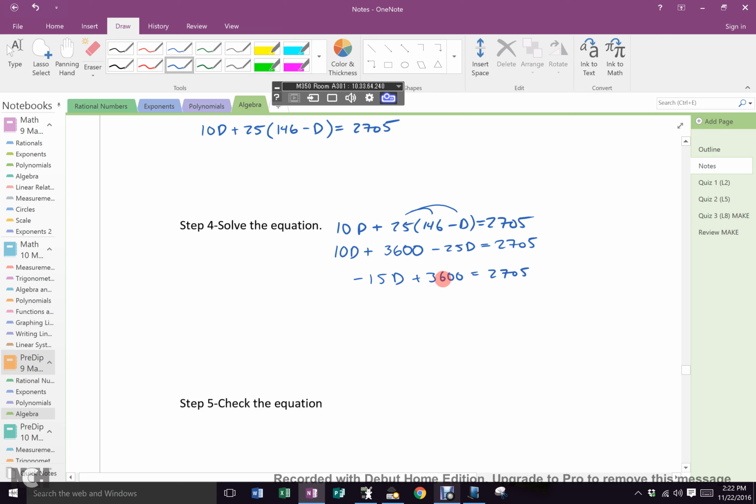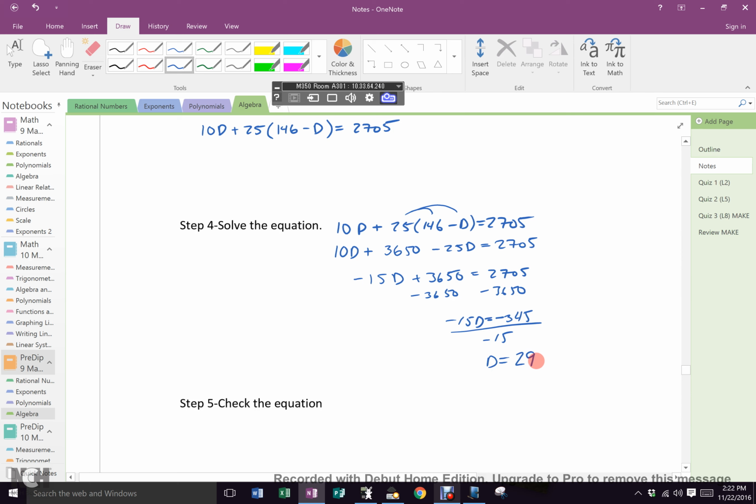Minus 3,600 from both sides. Then negative 15D equals negative 345. And then divide by negative 15, and D is equal to 23.